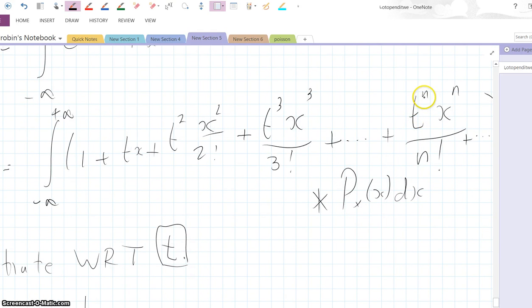So this t to the n goes to t to the n minus 1, then n minus 2, n minus 3, and because I'm doing it exactly n times, the power of this term will be 0. That n factorial that comes from t to the n, n minus 1, n minus 2, n minus 3, is going to cancel out this one here.